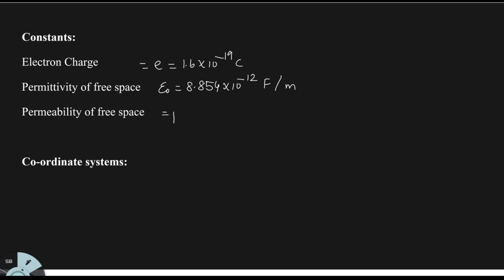Then permeability of free space, mu naught, is 4 pi into 10 power minus 7 henry per meter. And c represents the velocity of light. Velocity of light c equals 3 into 10 power 8 meter per second. These are some of the constants we use in this electromagnetic theory paper.